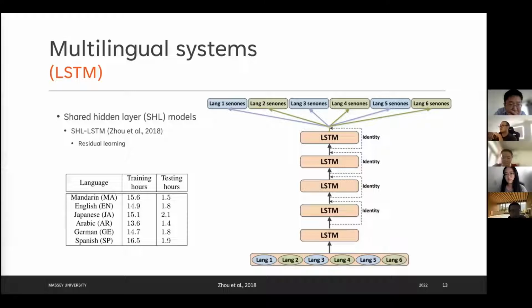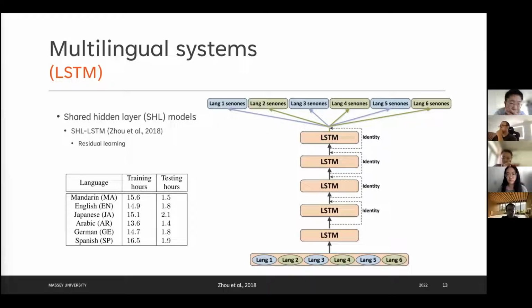One more thing to be noted here is that LSTMs usually have a problem with vanishing gradient. To resolve that problem, they introduce residual learning in between these LSTM layers.